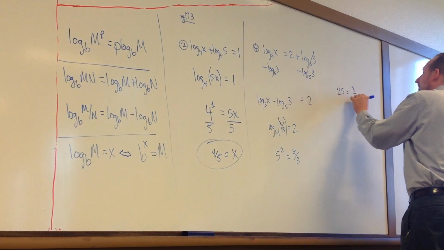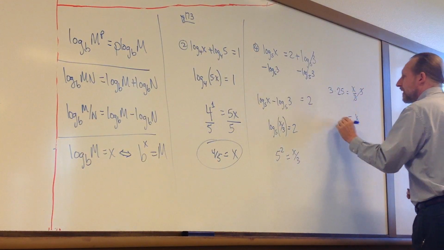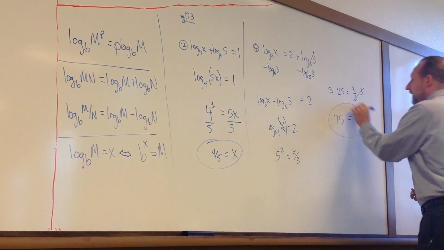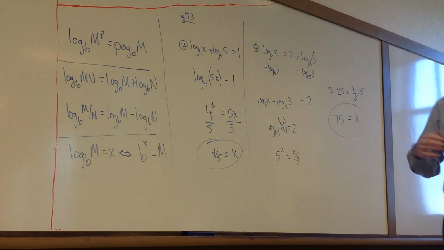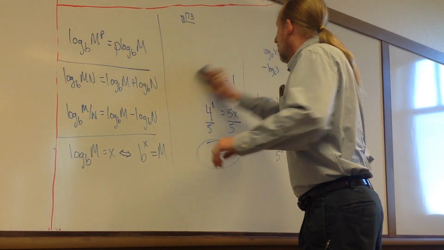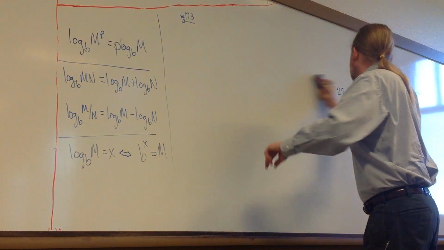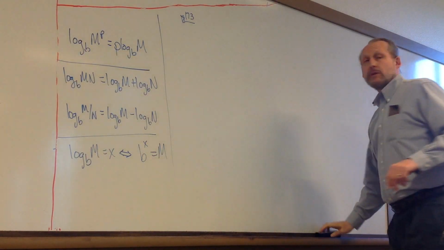So 25 is x over 3. Multiply on both sides by 3. And x is equal to 75. Okay, so there's some beginning problems, some kind of simple problems to get us started on these concepts. Let's start working our way into the more complex problems.